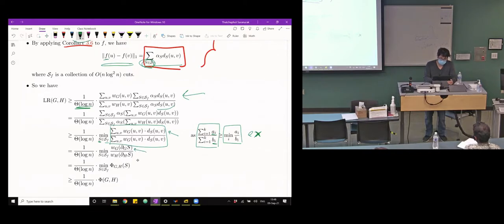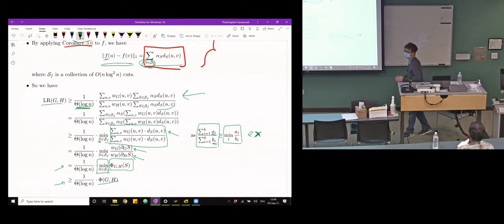This is exactly the cut size of G over the cut size of H, which is just the H expansion of the cut. Right? And this is just minimizing over this collection of cuts, but the H expansion of a graph is minimizing over all cuts. So you have that this thing is at least this. So that proves it: the relaxation is not too small.